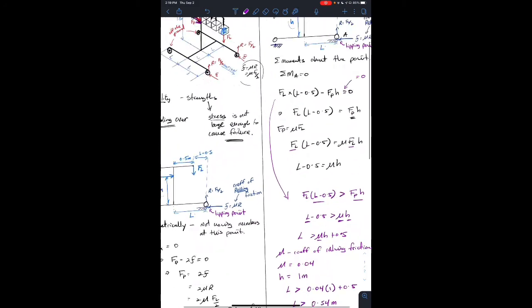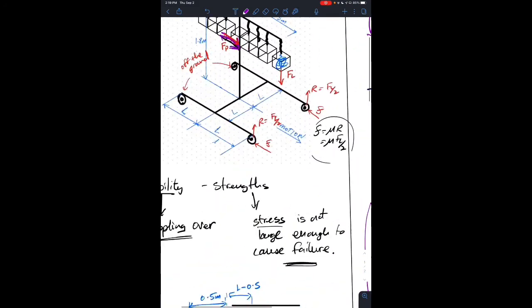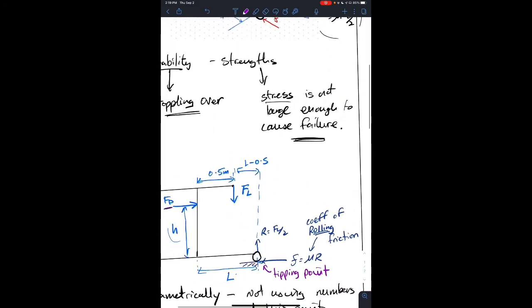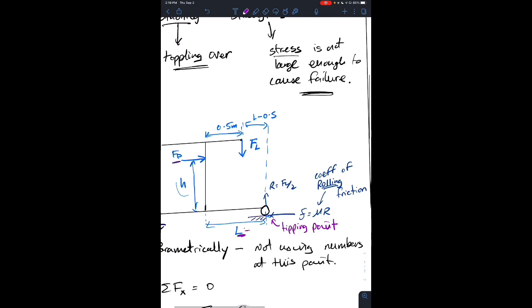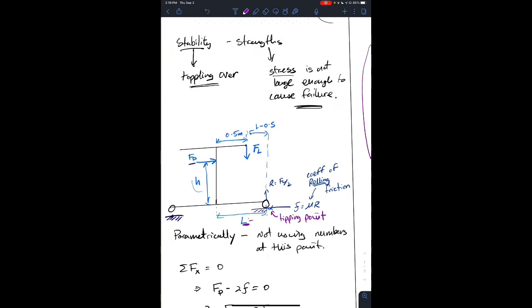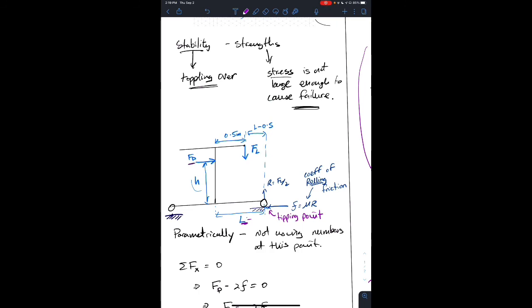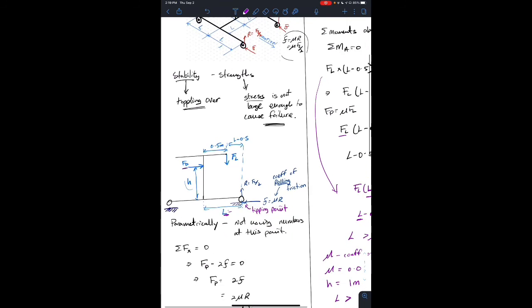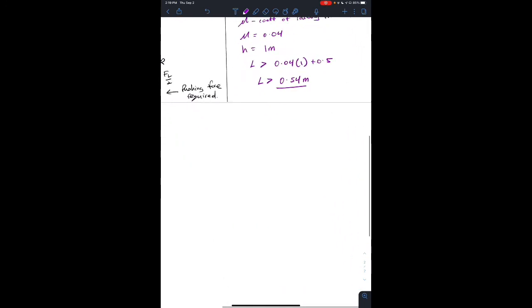As long as L, the base, is greater than 0.54 meters, then if we push a nylon wheel on concrete, it should not tip over.